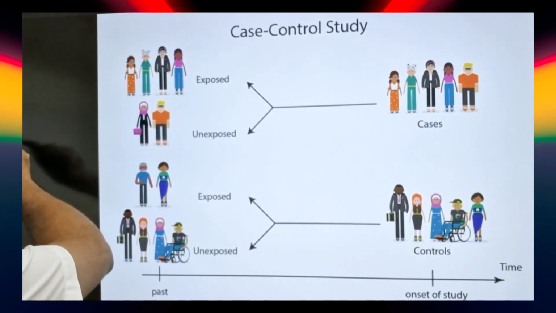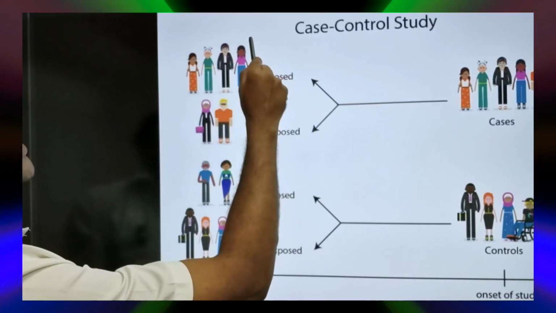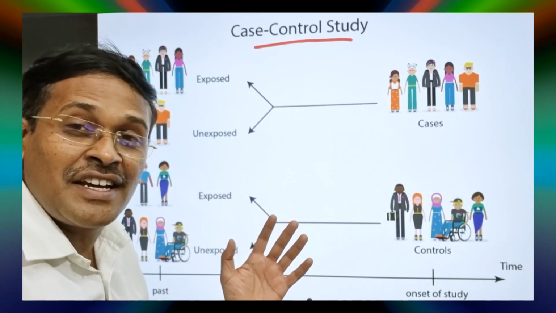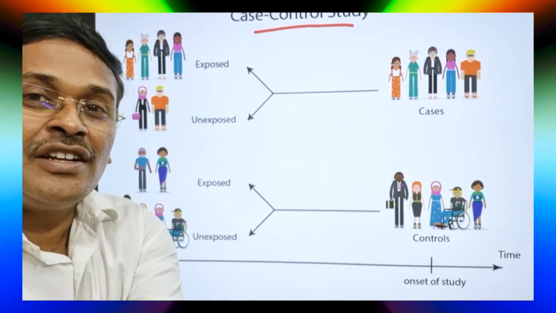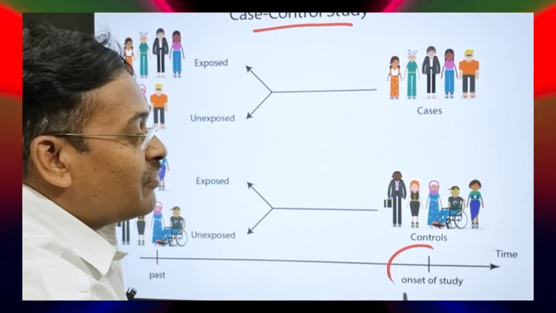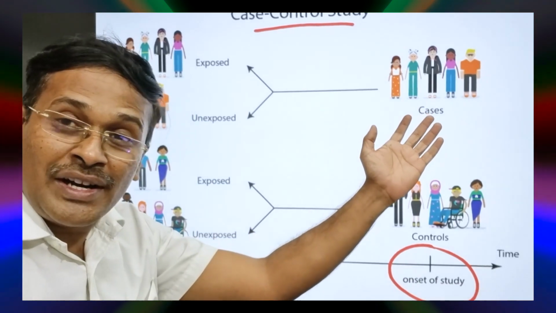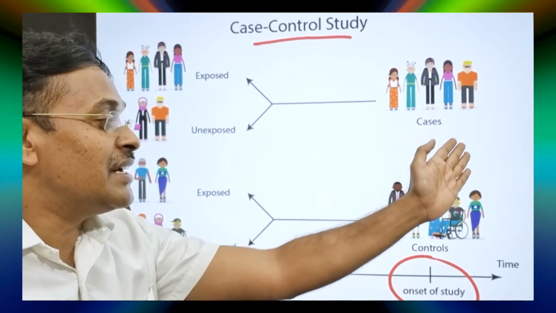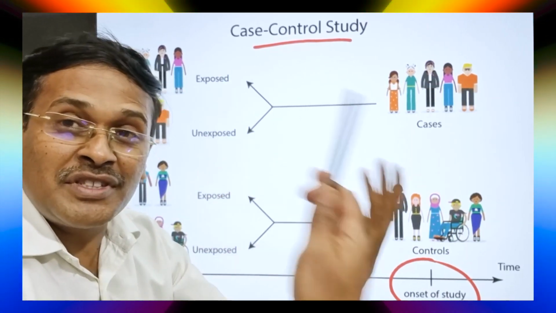First one is case control design. In this standard classic case control study, the onset of the study occurs when the disease has already occurred in the community. The cases and controls, the outcome has already occurred.